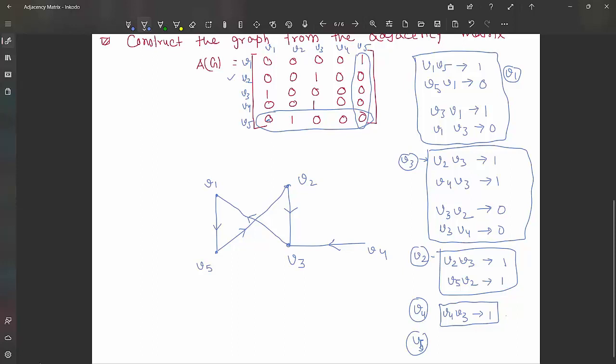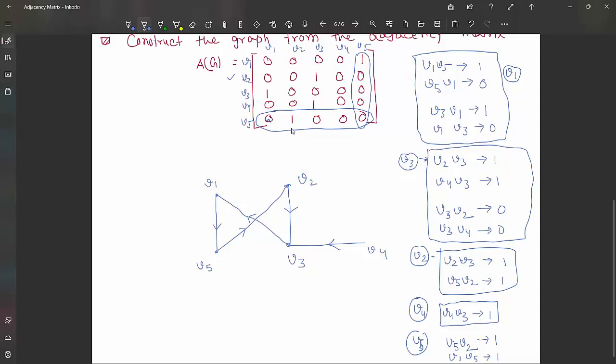V2. So V5 V2 is 1, and column-wise V1 V5 is 1. So just take it V1 V5. V1 V5 is 1.